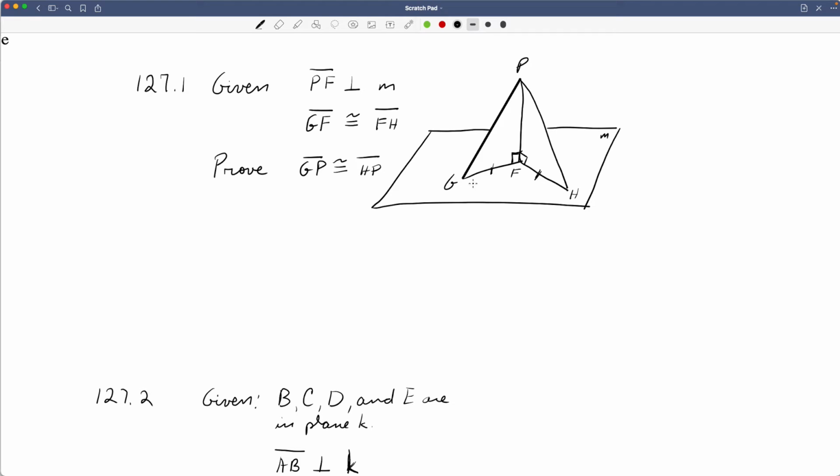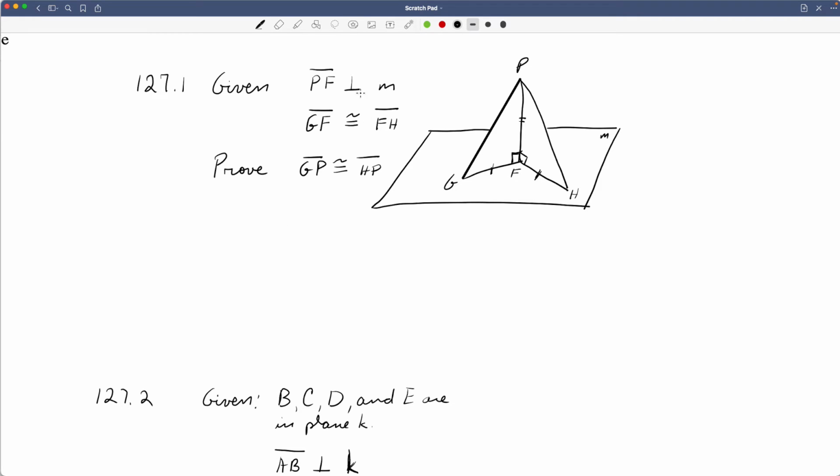All right, so then that means we have 2 right triangles. And if GF is congruent to FH, and we know PF is the other side, then we have side angle side that makes those 2 congruent. So we can write that out here.